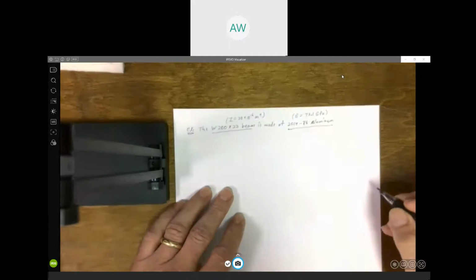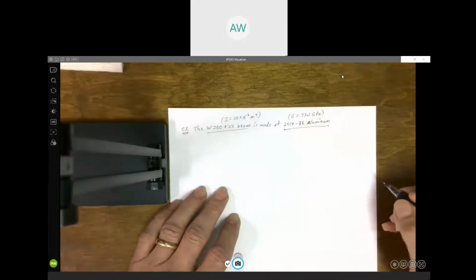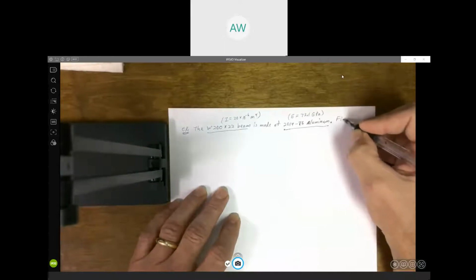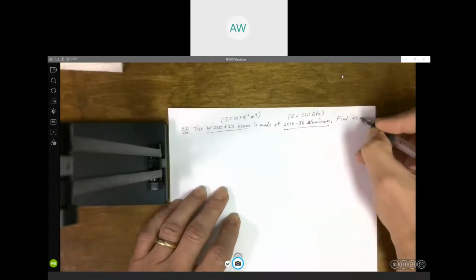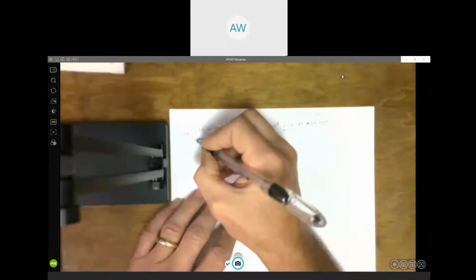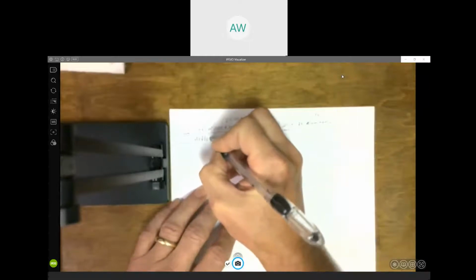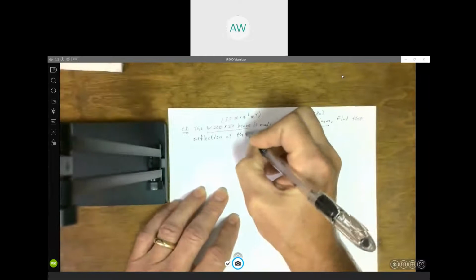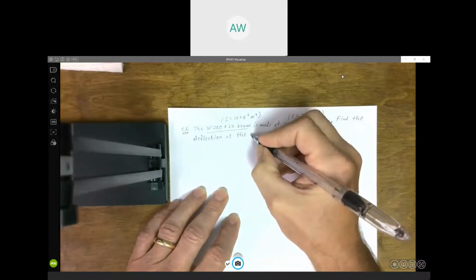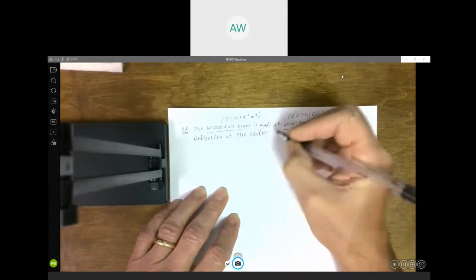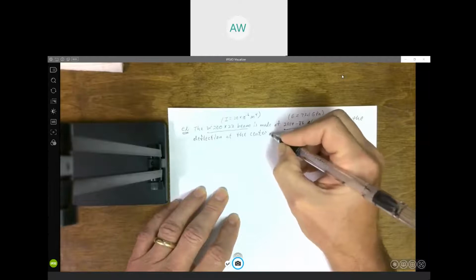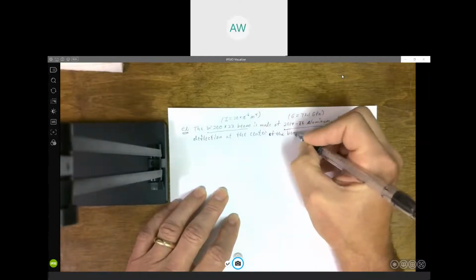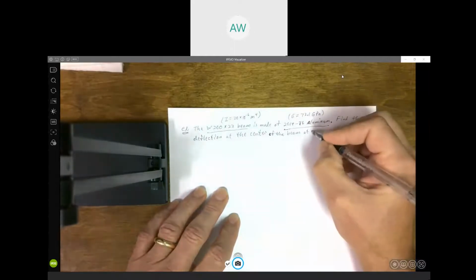So I looked those up, so we don't have to do that. And we want to find what the deflection at the center of the beam. That's at point C.